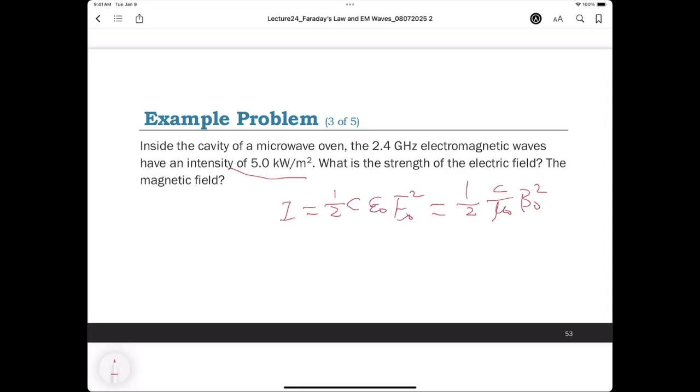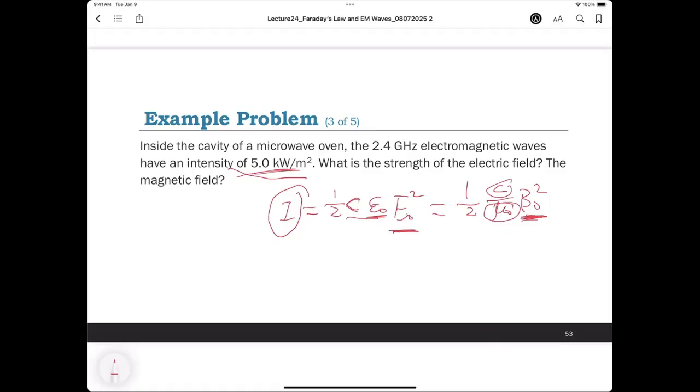Now we know the intensity, we know C, and we know the constant, so we can calculate the amplitude of the electric field. For the magnetic field, because we know C and the constant, we can also calculate the amplitude. This is not difficult.